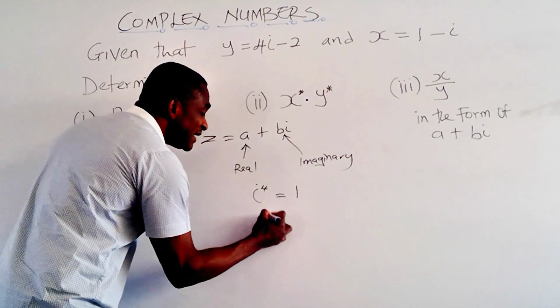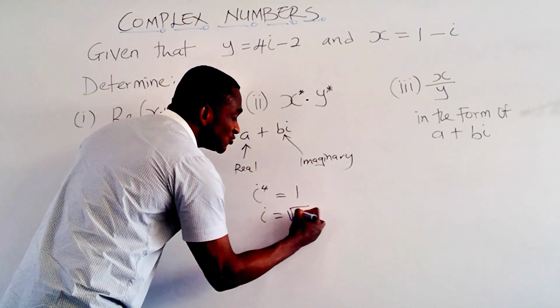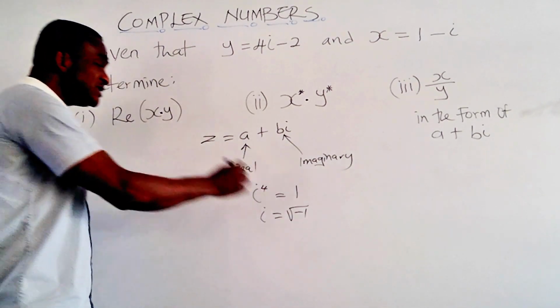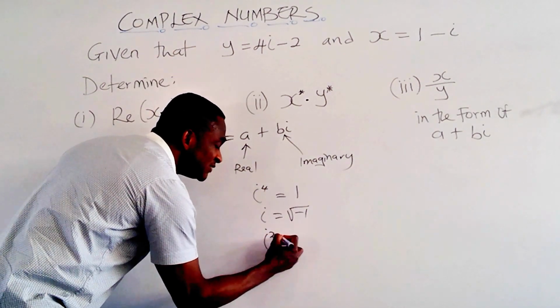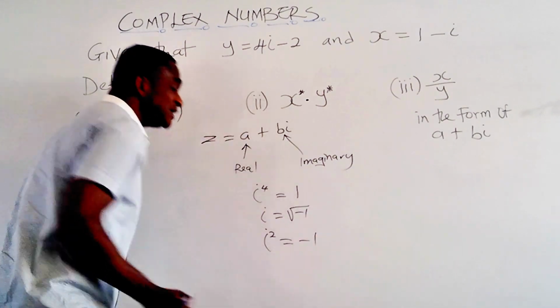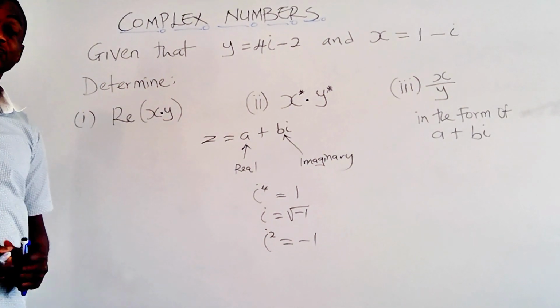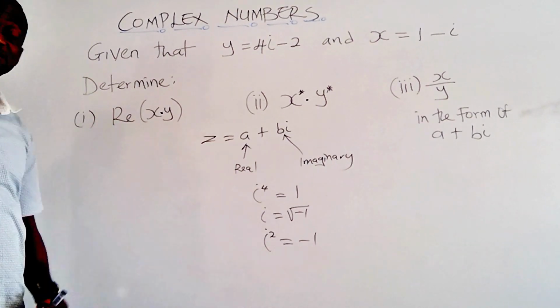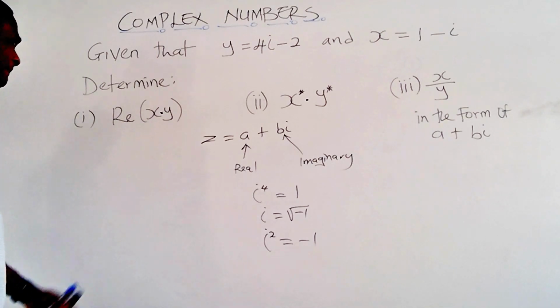And we also remember that i in itself is the root of negative 1. Then it means that when you square the root of negative 1, you have i squared as negative 1. So with this basic, we can go on and simplify this expression.